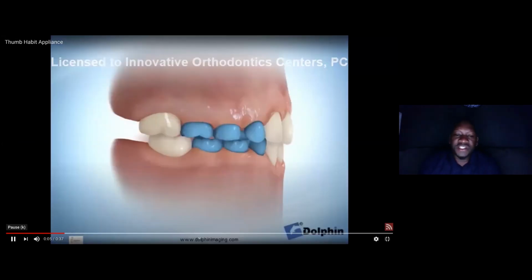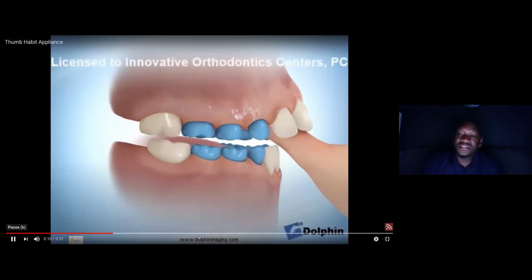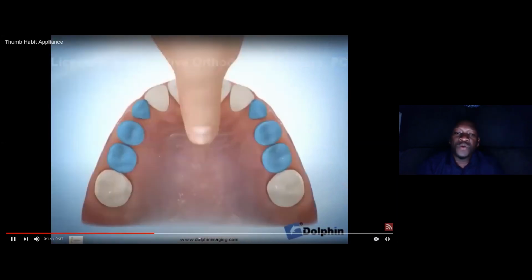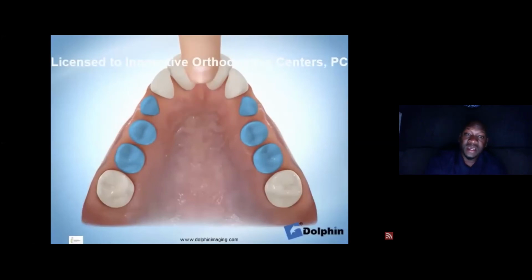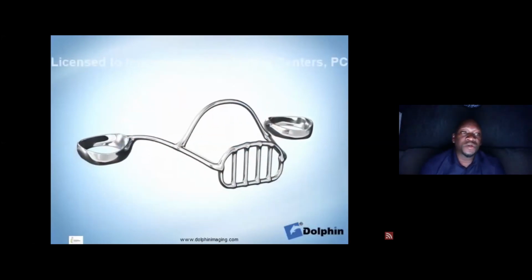Where if you've got a patient that's sucking their thumb, over a number of years, obviously this is going to cause protrusion of the anteriors. And what we will do as a technician is produce a fixed appliance which could correct this, because every time they put their thumb in their mouth, this anterior section will stop them from sucking their thumb.